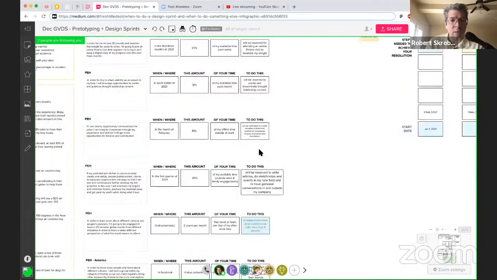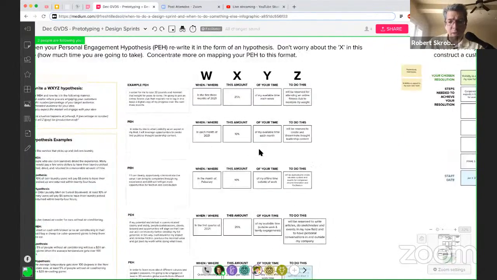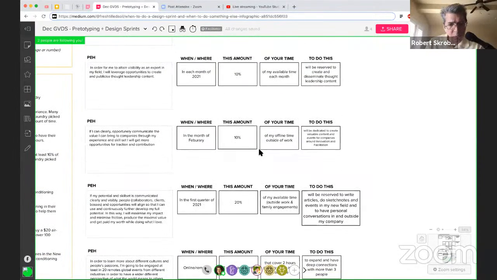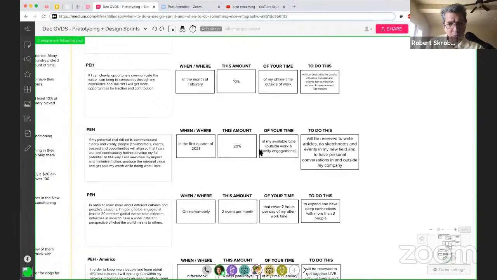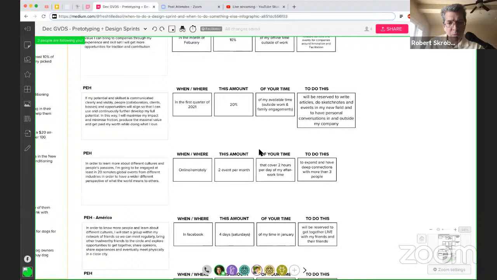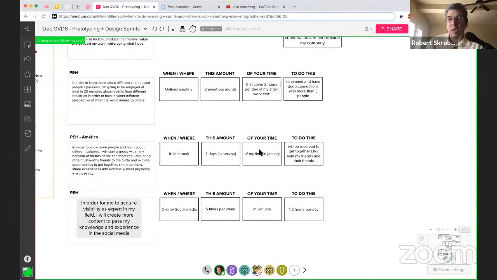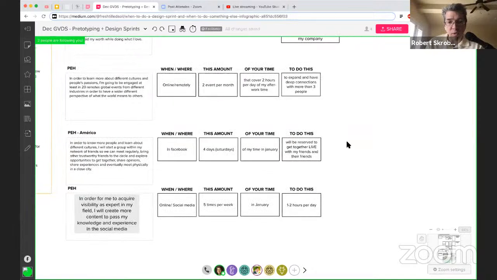I'm going to go back to the engagement hypothesis over here in the XYZ, just to see what people have done. It's really interesting. There's a higher social element to some of these resolutions than normally would be, but it gets back to basically relating to each other as humans for some of these.